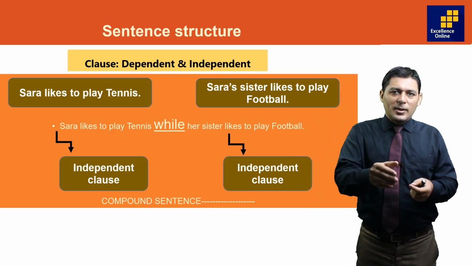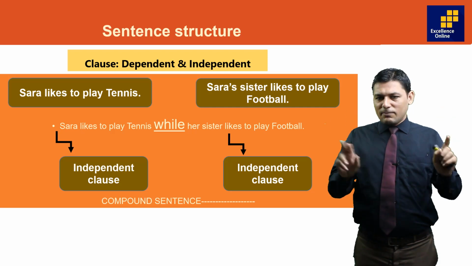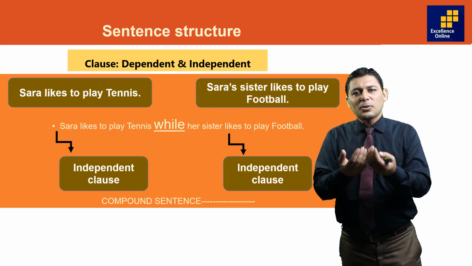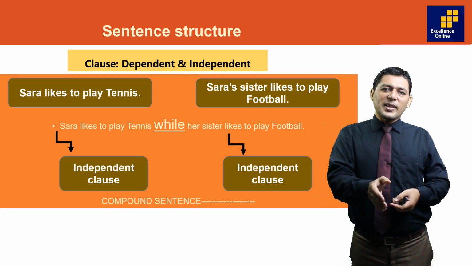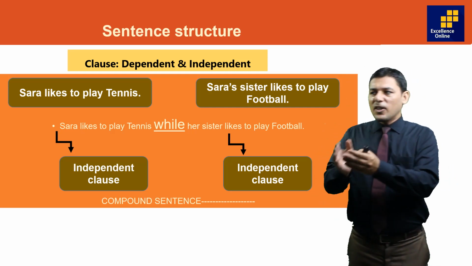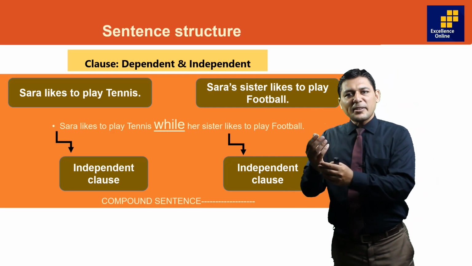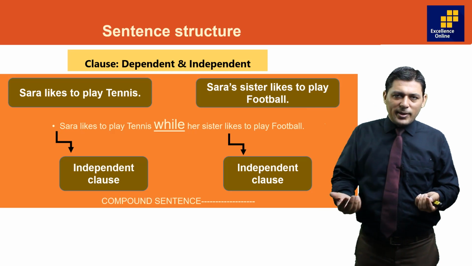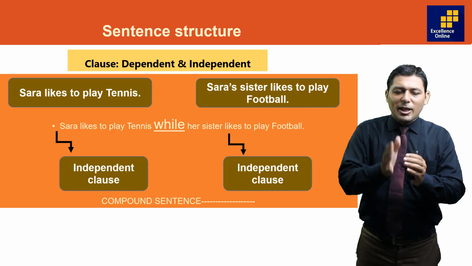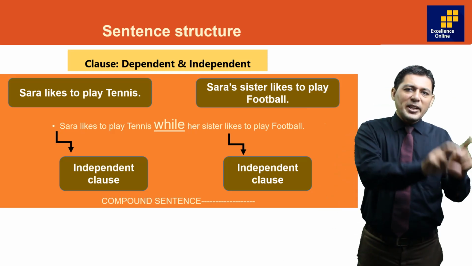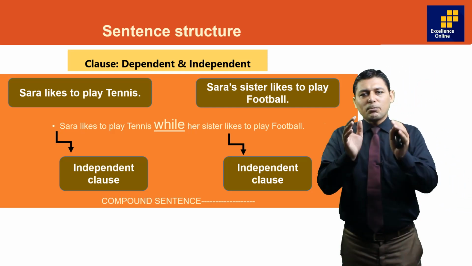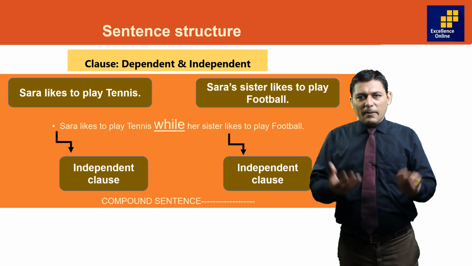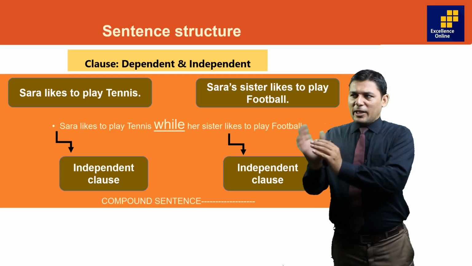This is one sentence with two clauses, and both clauses are independent clauses. The first part does not need another part to be completed. The second part doesn't require the first part to be completed. Both are independent, and both have their own meaning without linking to each other.